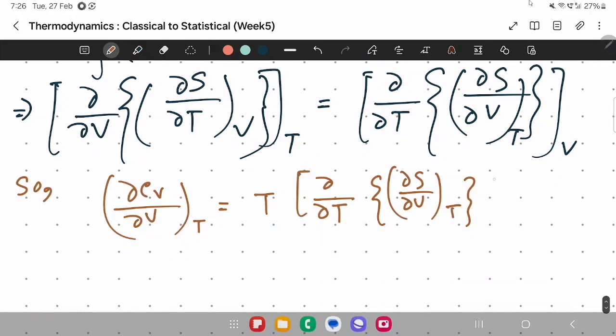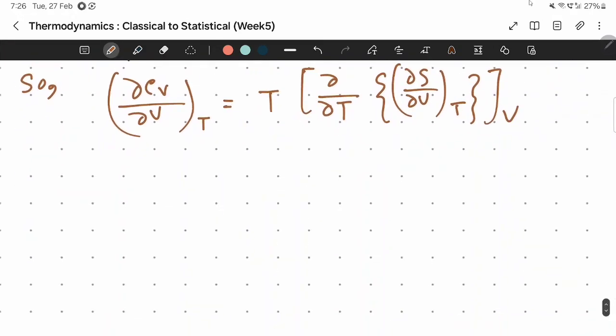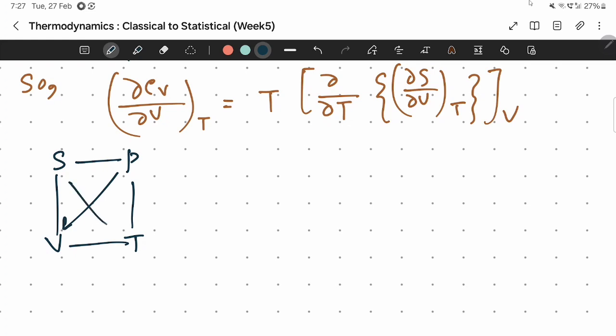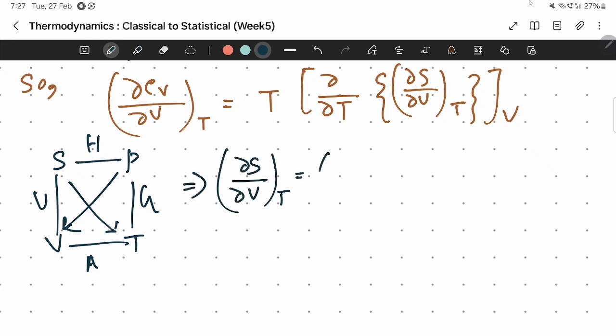Now if you look at the Maxwell square, del S/del V at T is there. It means we need S to V to T. For Maxwell square we know del S/del V at T is equal to del P/del T at V. Correct?